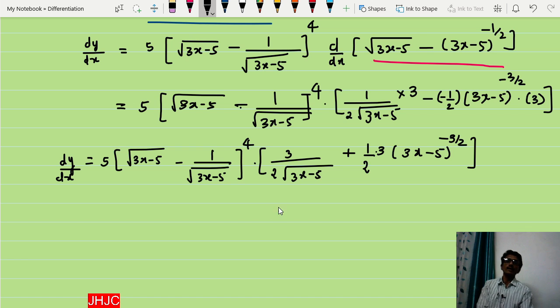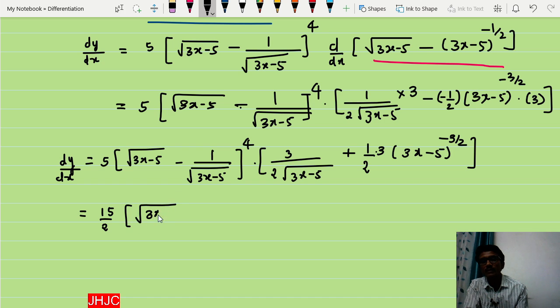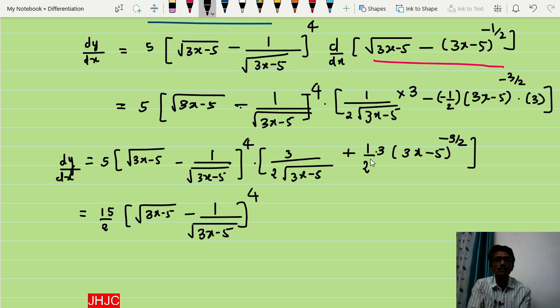We will simplify this further. We can take 3 by 2 outside, this 3 by 2 and this 5 will be 15 by 2. So it will be 15 by 2 into, this as it is, root of 3x minus 5 minus 1 upon root of 3x minus 5 as it is raised to power 4. Then we already took 3 by 2 common, and this will go in the denominator.